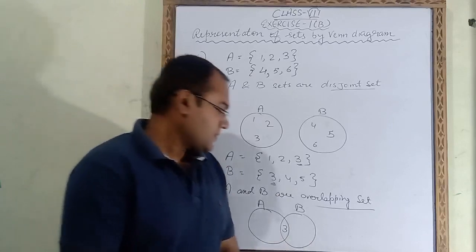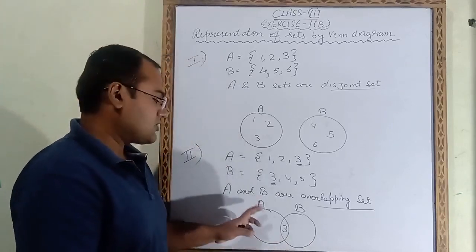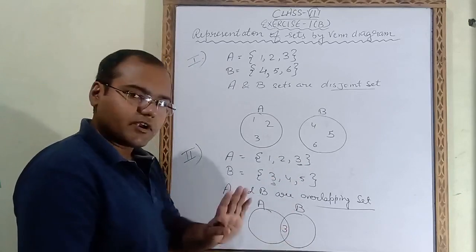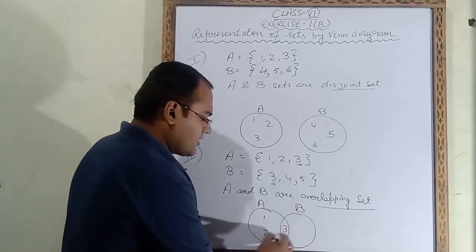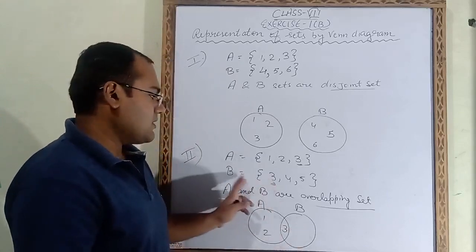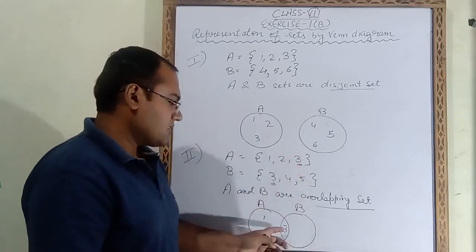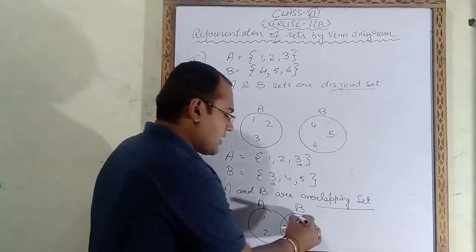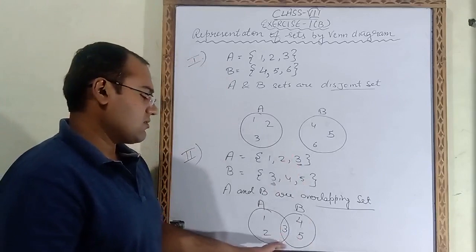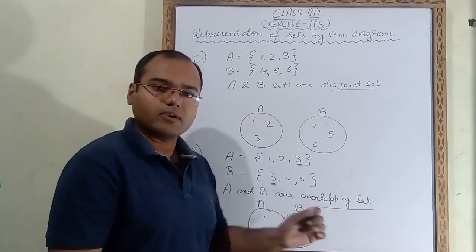Now after that we have to write the remaining elements of A here. A is 1, 2 and 3. 3 we have already written. So the remaining element is 1, and similarly we have to do here also. In B, 3, 4 and 5 are given. 3 we have already written. So now we will write here 4 and 5. Such a representation of a Venn diagram is called overlapping.